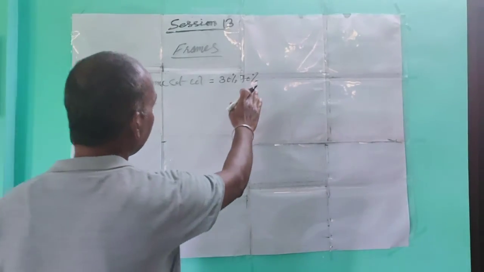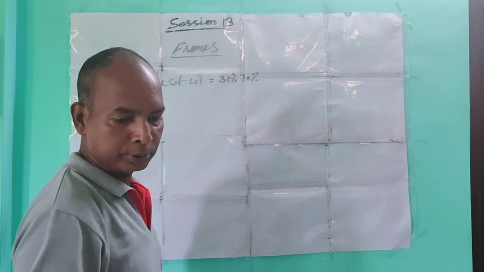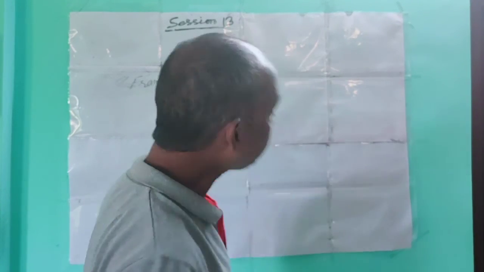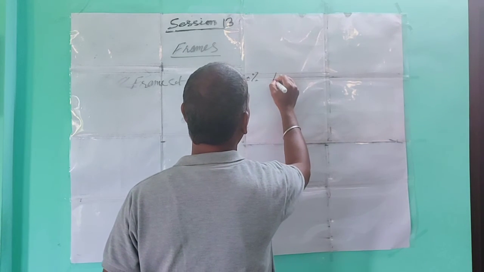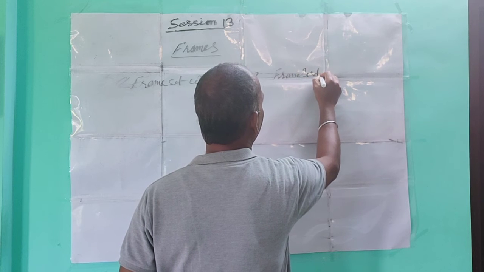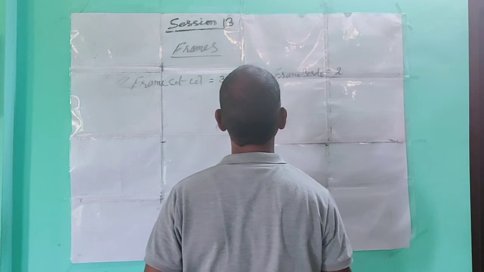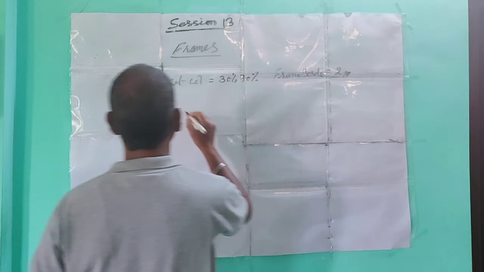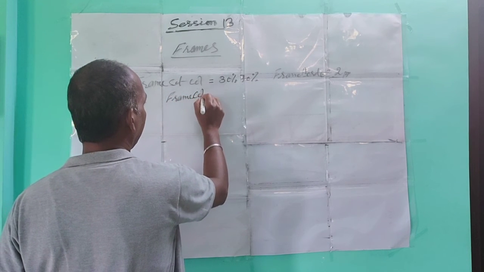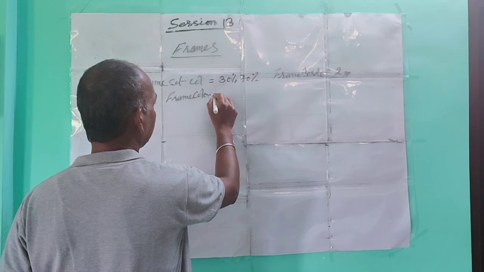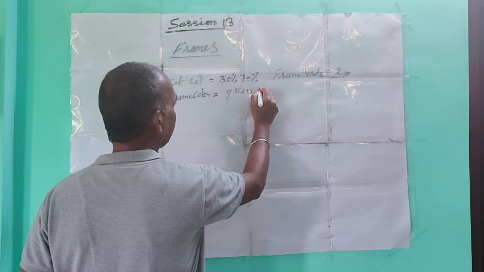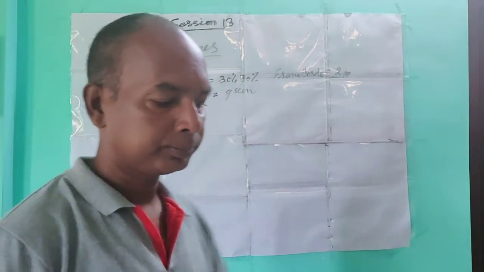Here we can use different attributes together: after frameset cols, frameborder equals to 2px, framecolor equals to green.